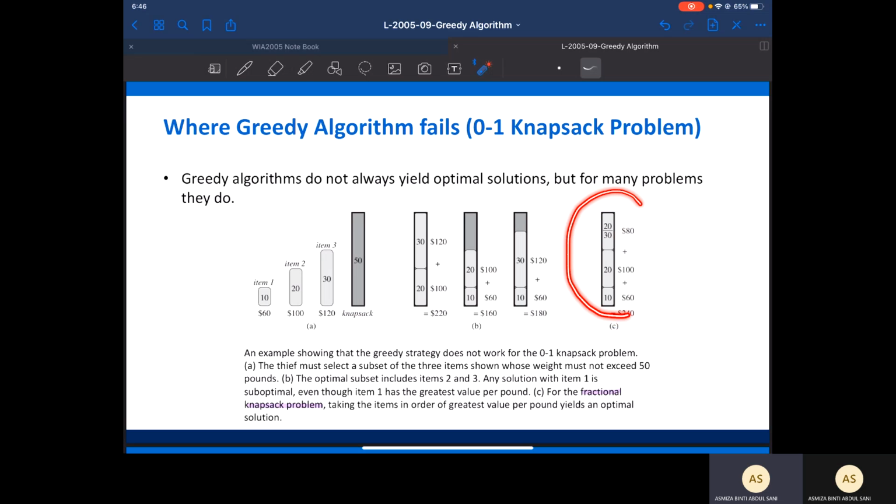Applying greedy in the fractional knapsack problem gives you a much better optimal solution. So this is basically showing you how the greedy algorithm could fail in giving you the most optimal solution, but at least by applying this approach, you can somehow approximate the globally optimal solution.